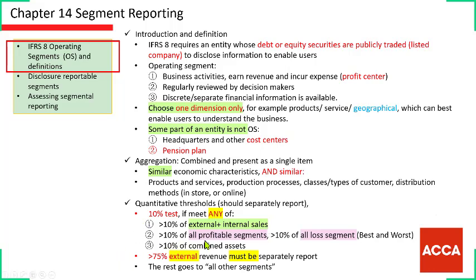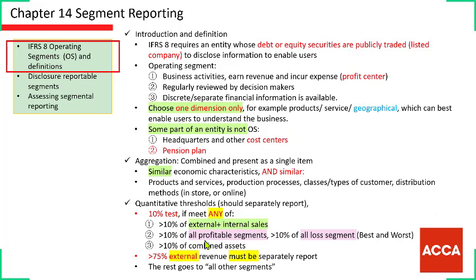Or if the profit is more than 10% of the overall profit of profitable segments, it should be a segment. Or if the loss is more than 10% of the overall loss of loss-making segments, then you should separately report it. Or if it's more than 10% of your combined assets, it should be a segment.